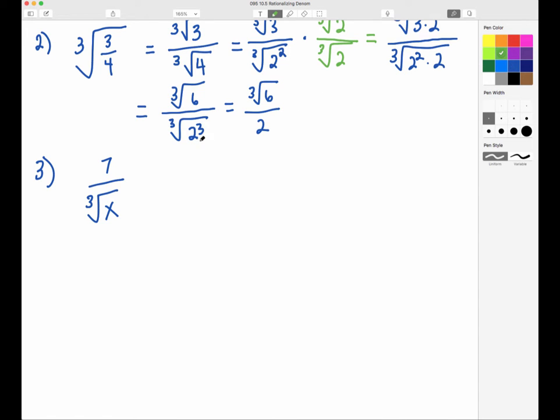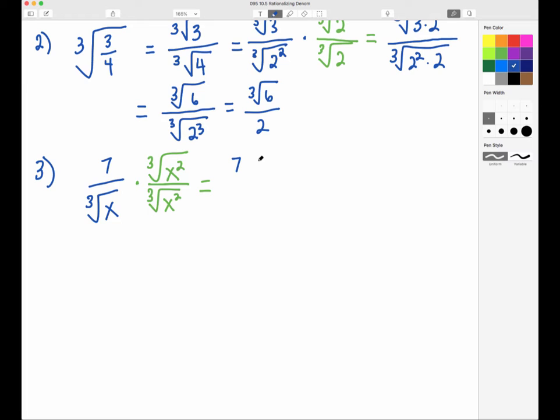So I will multiply by whatever I need so that I have 3 x's. Well, if I have 1 already, I need 2 more. So the cube root of x squared. There's my 2 more. And then do the same thing on the numerator. Again, this is our magic 1, so we're not changing the value, just the way this looks.